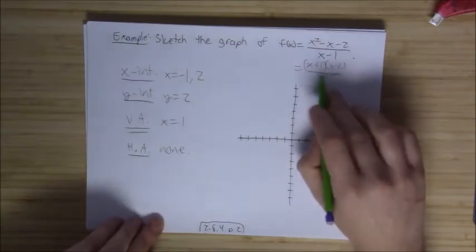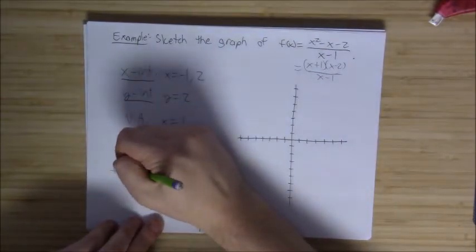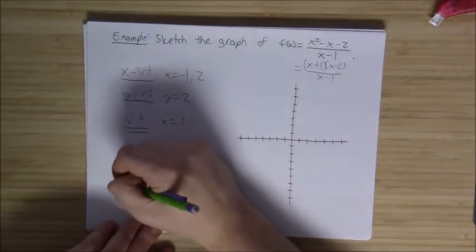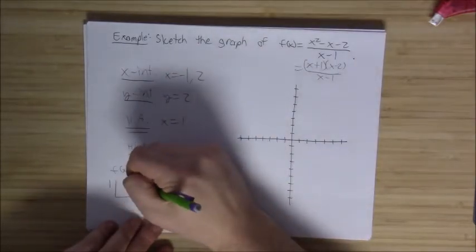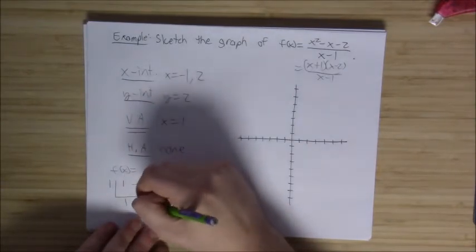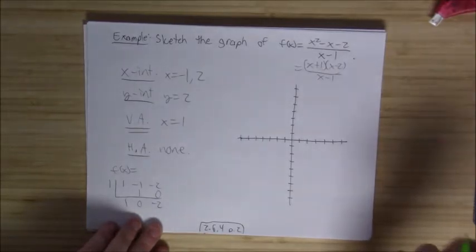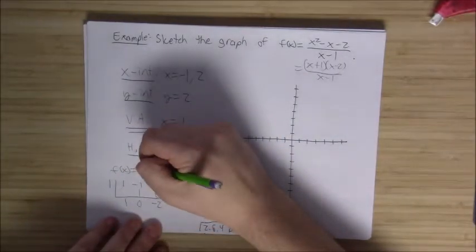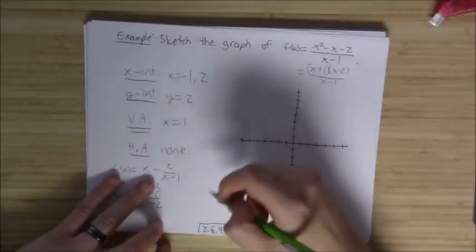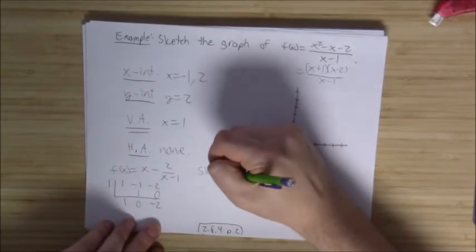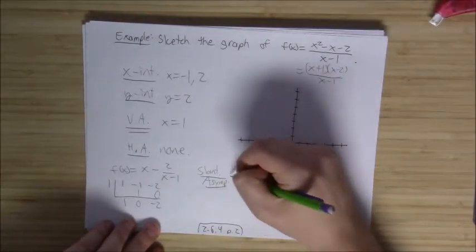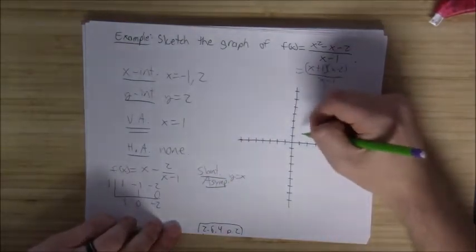But we do have a slant asymptote, because if we do the division, we see that f of x equals x plus 0 minus 2 over x minus 1. And so our slant asymptote is y equal x.